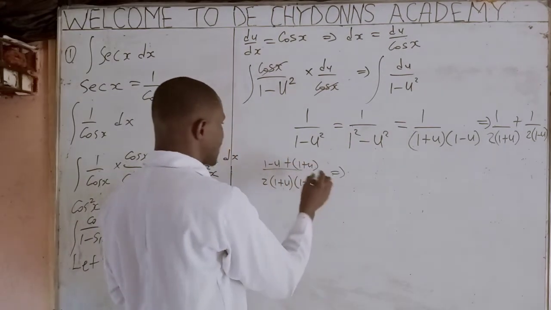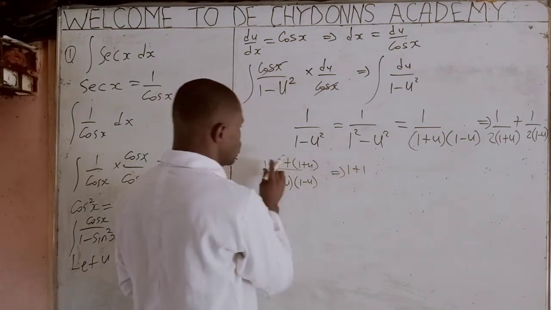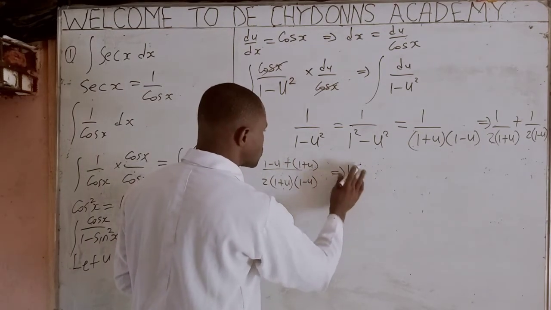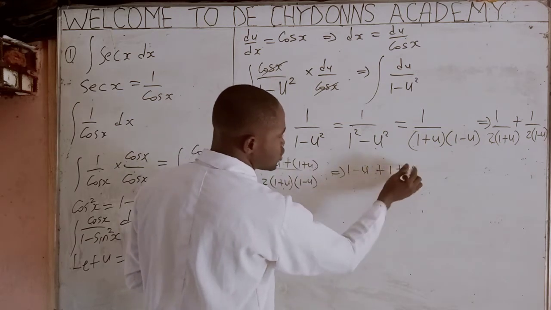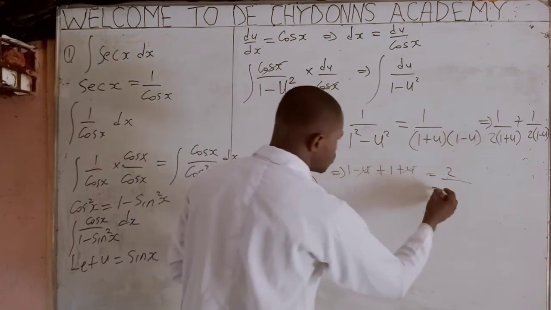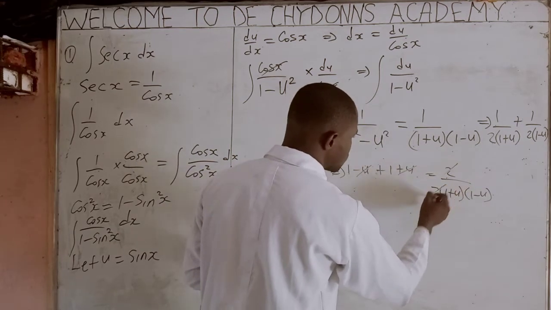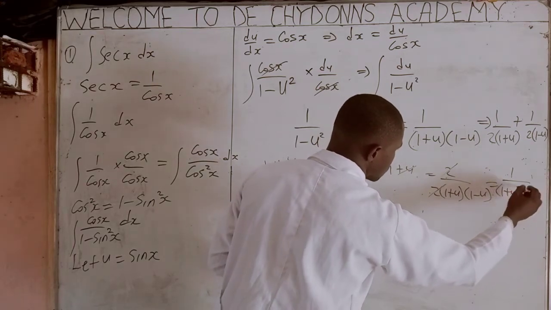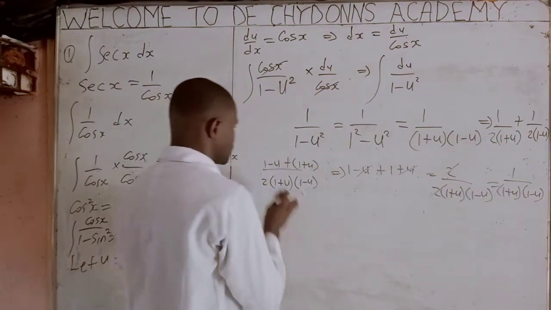Then when you sort that out, 1 minus u plus 1 plus u, minus u plus u will go, 1 plus 1, 2, all over 2(1 plus u)(1 minus u). So we cancel the 2, leaving you with 1 over (1 plus u)(1 minus u). That is why we say this is equal to this. Okay.